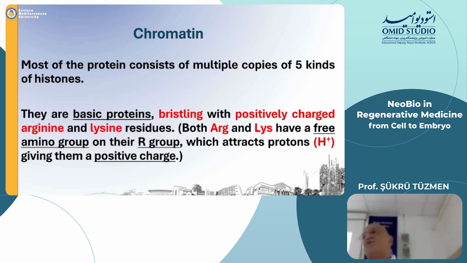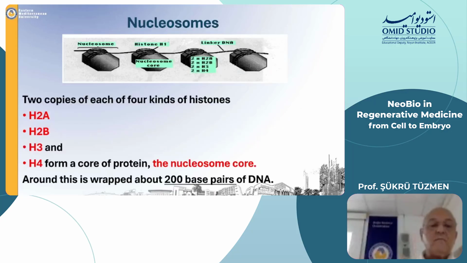Because DNA is negatively charged, there's a strong pull between them, giving a tight, compact structure. In nucleosomes, you have the core histones with the DNA wrapped around twice, and because of the positive charges of the core histone proteins, it is a compact structure. It doesn't get loose, it is under control.